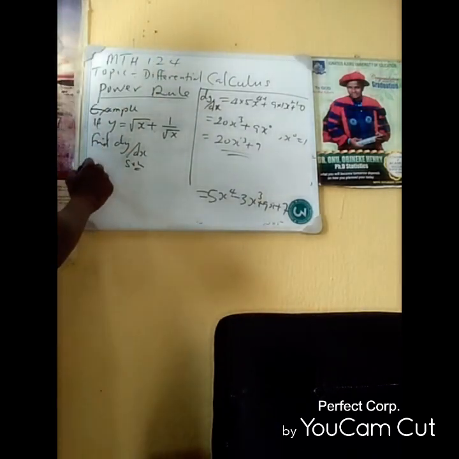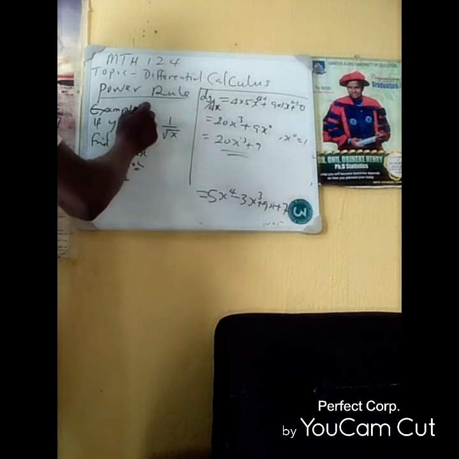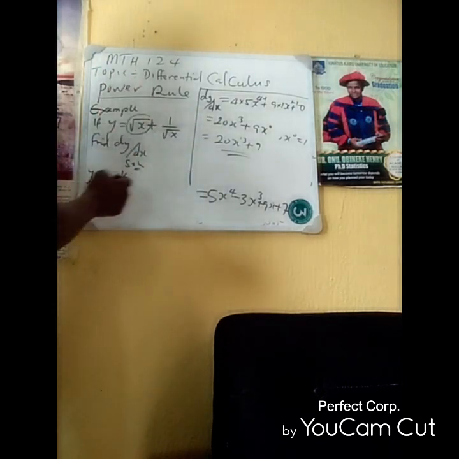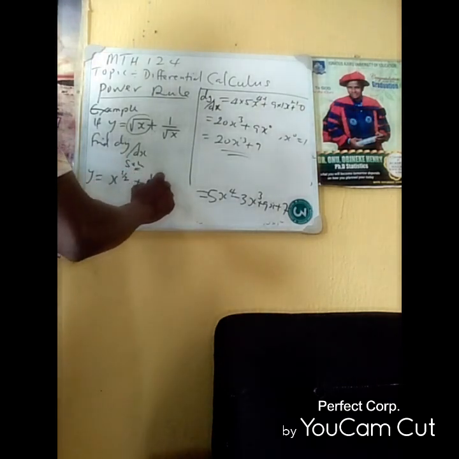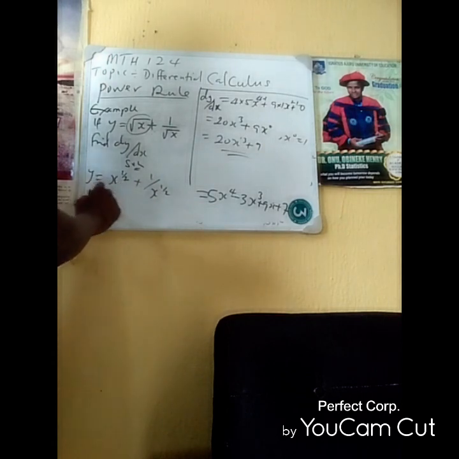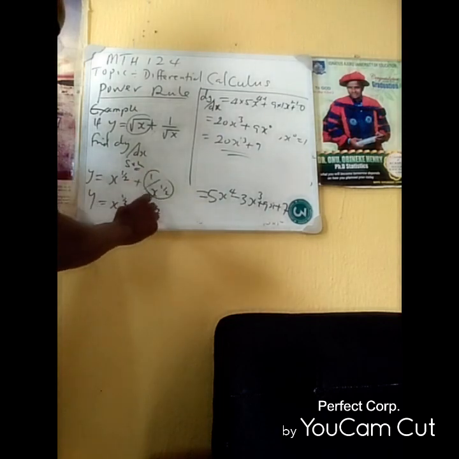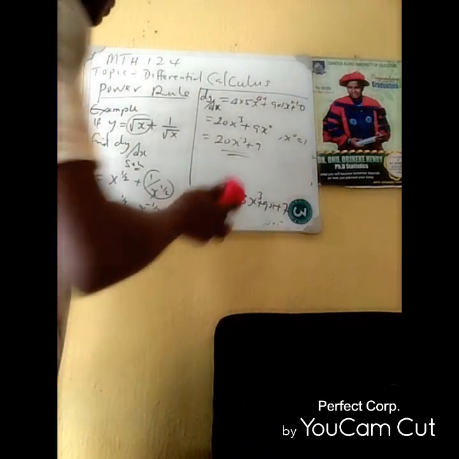You are going to have y equal to x raised to power 1 over 2, that is the same thing as square root of x, plus 1 over x raised to power 1 over 2. y now will be equal to x raised to power 1 over 2 plus x raised to power minus 1 over 2, by application of the law of indices.